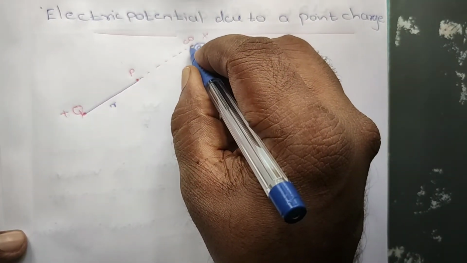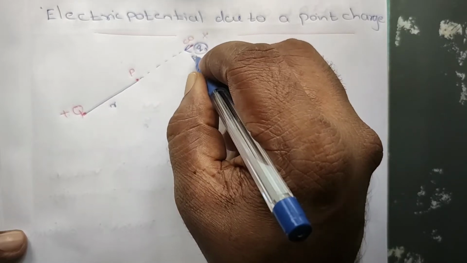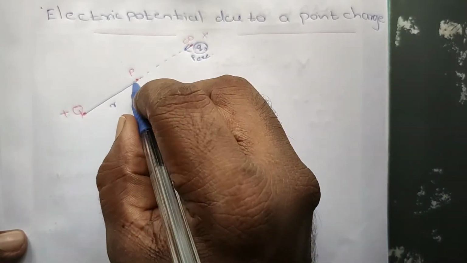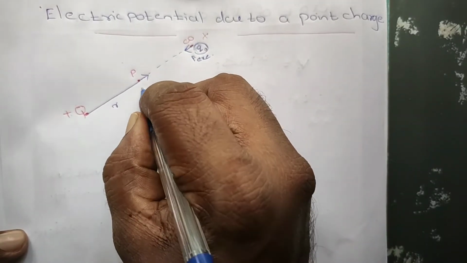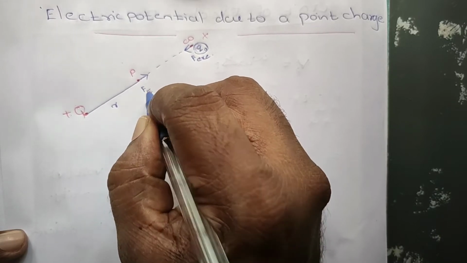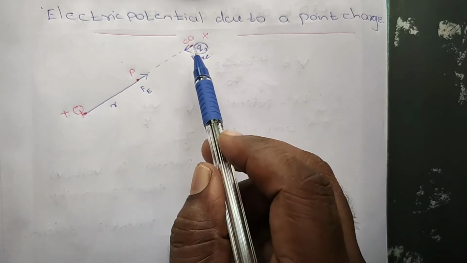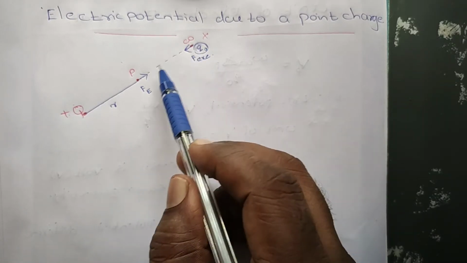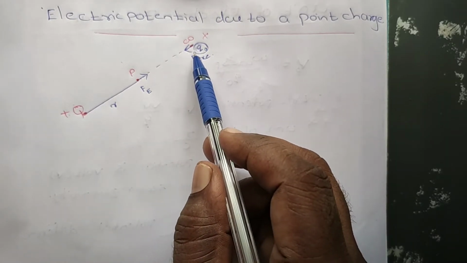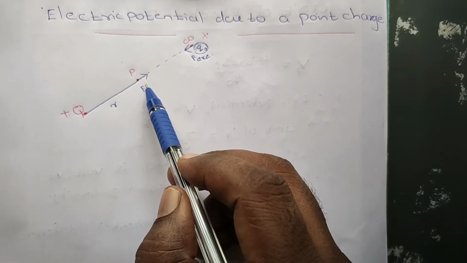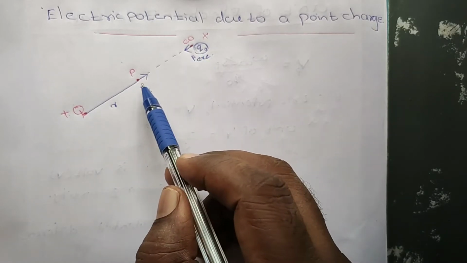You see that the external force is in this direction, and the electrostatic force is in this direction. So they are in opposite directions. I, or any other external agency, have to overcome this electrostatic force and bring the charge.